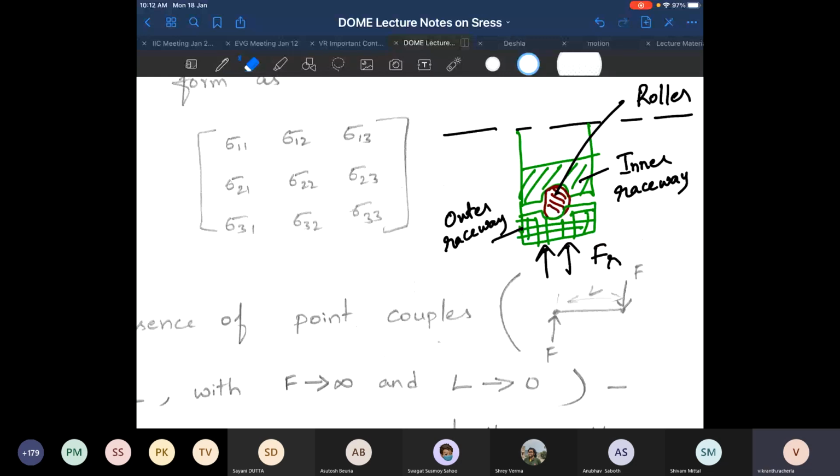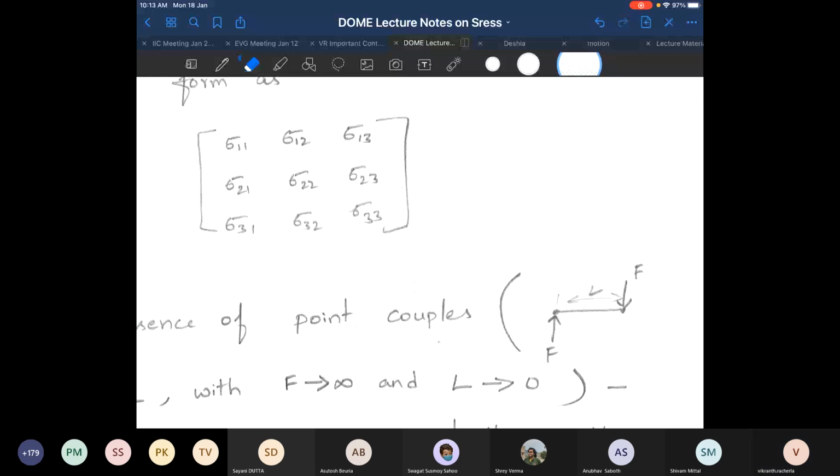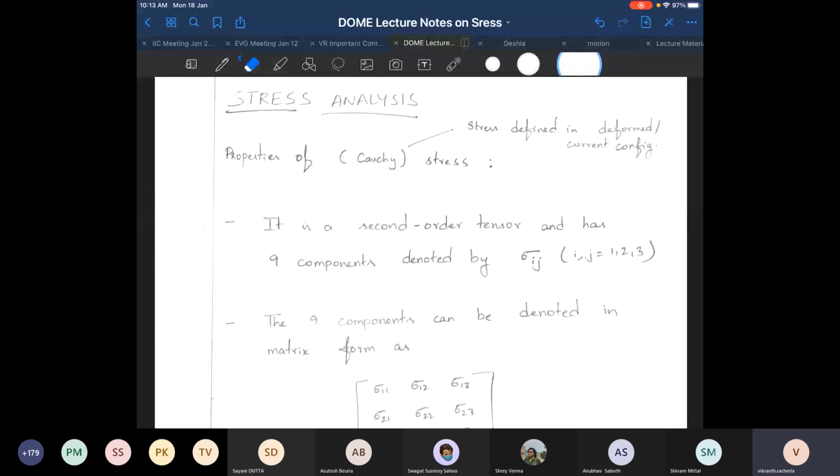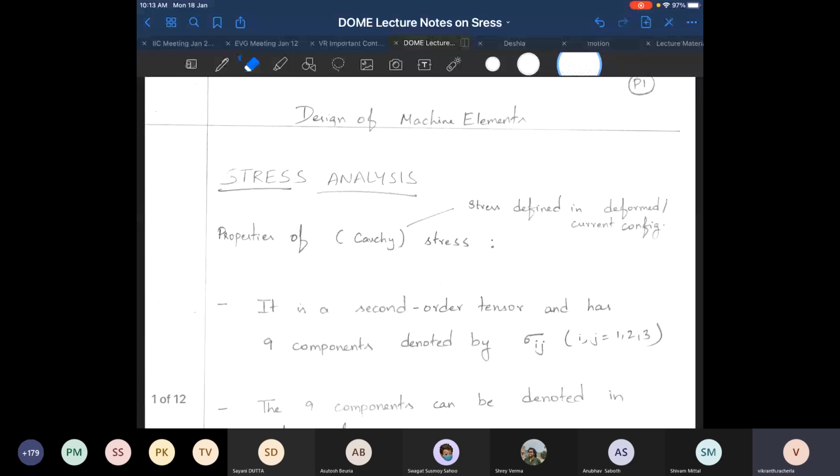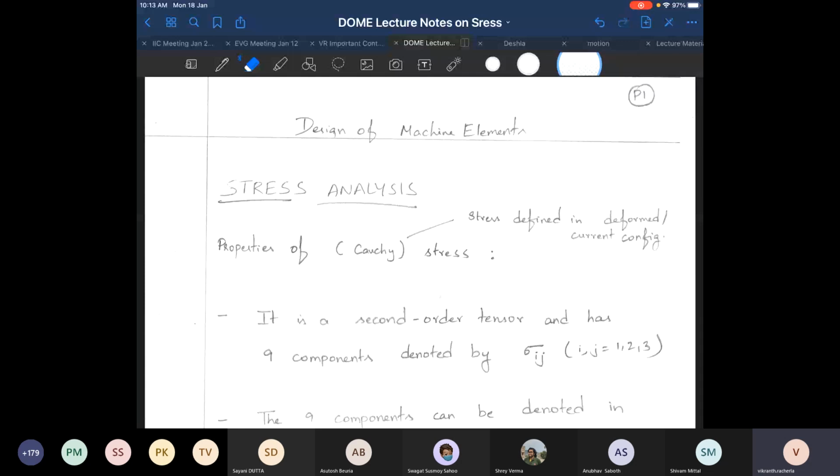Whenever we are in design of machines, what do you think would be the kind of deformation the machine elements would undergo? Do you think machine elements would be undergoing large deformations, or do you think they will be undergoing small deformations?